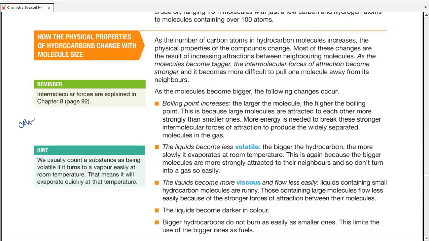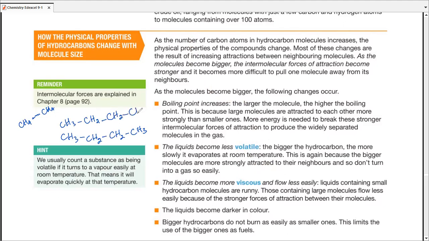If a small molecule attracts another molecule, that's as simple as it is. But if a big chain is attracting another chain, there would be a lot of attractive forces between those chains. Bigger the chains, bigger the attractive forces.